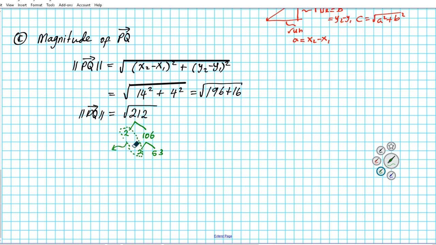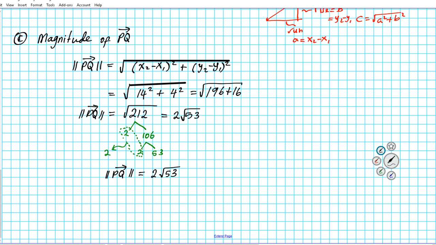The square root of 2 times 2, or 2 squared, is just 2. So the simplified form of root 212 is 2 root 53, since 53 is not a perfect square and remains in the radicand. 2 root 53, ladies and gentlemen, is the magnitude of vector PQ. That's how long the vector is.